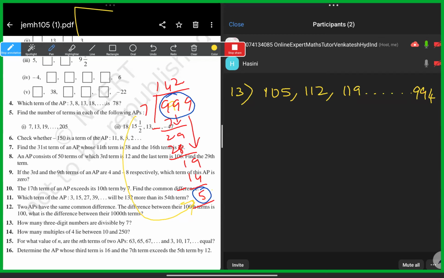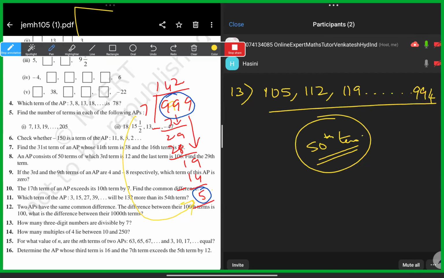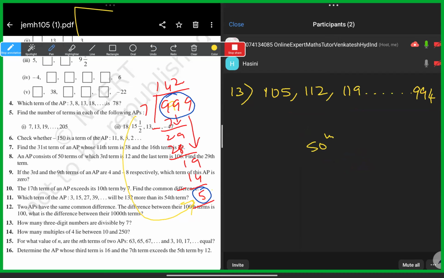Suppose 994 is the 50th term. Since 994 is the last term, we can tell there are 50 numbers in this series. So using 994 only, we are finding out how many 3-digit numbers are there.